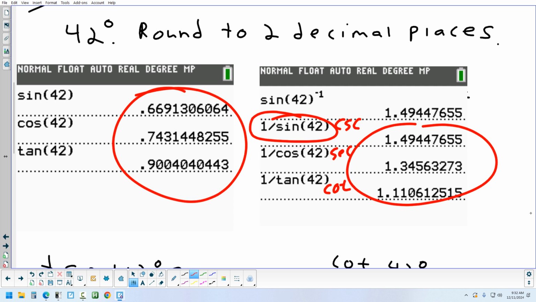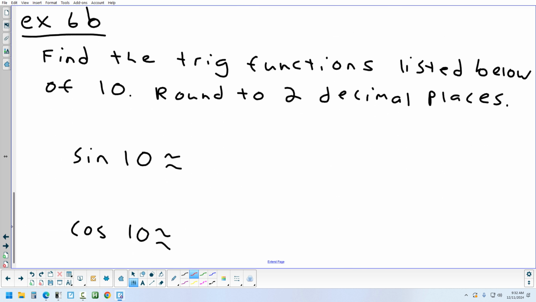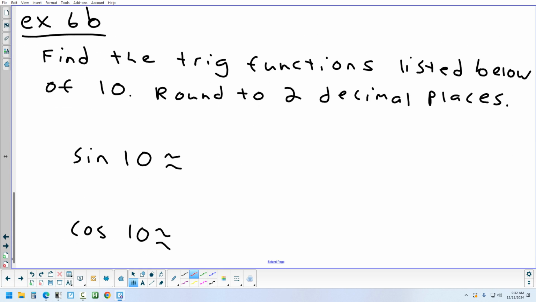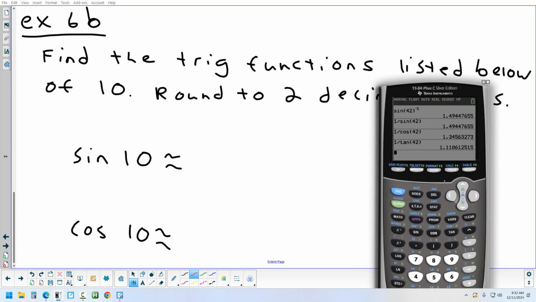All right, let's try that one. Let's try looking at the 6. Do they want all 6? No, I only want 2. Sine, cosine. Okay. What's the first thing I need to do on my calculator to evaluate those 2?